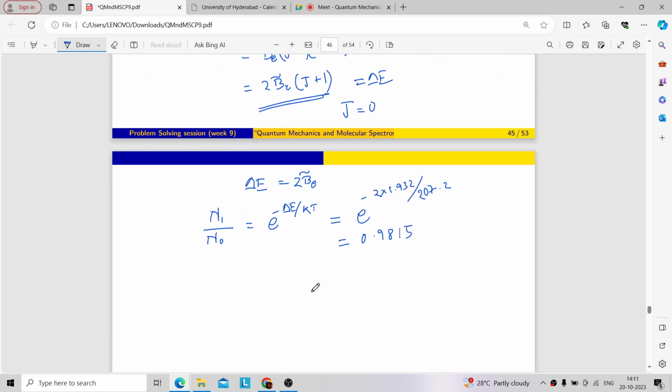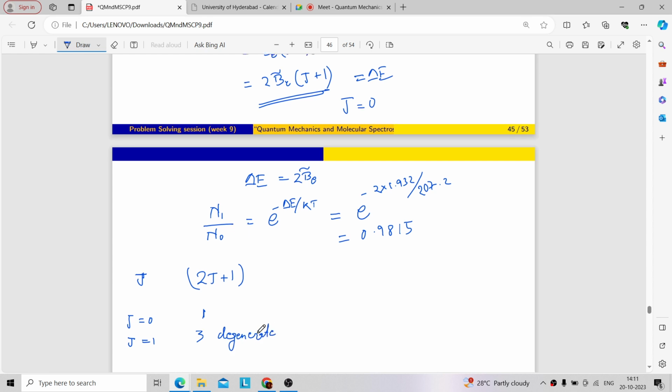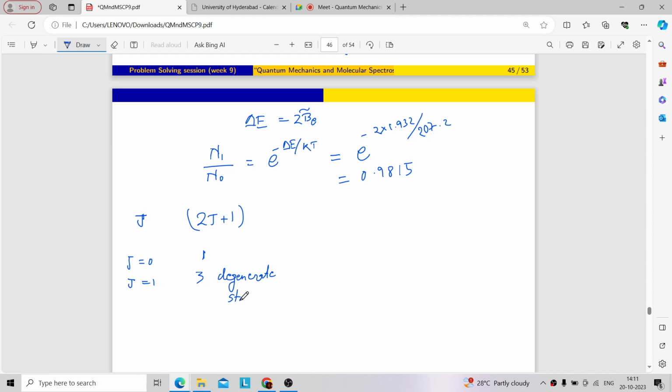Now for any J value there will be 2J plus 1 degenerate states. If J equal to 0, there will be 1 state. If J equal to 1, then there will be 3 degenerate states. So there will be 3 states with exactly the same energy in the J equal to 1 state.